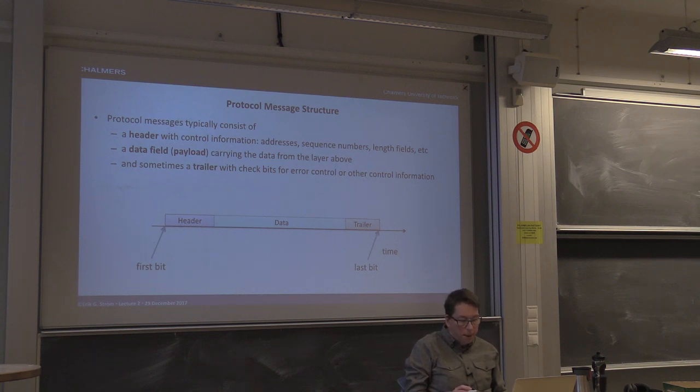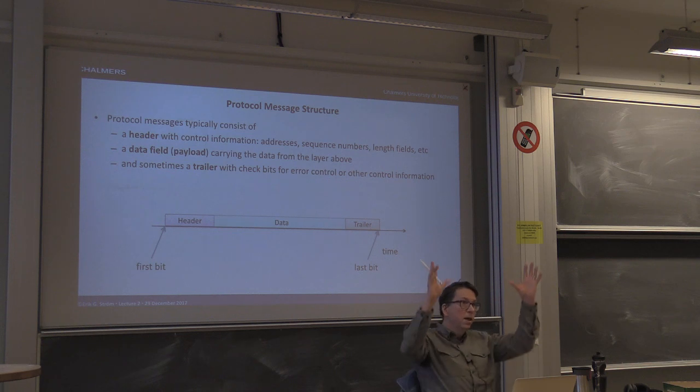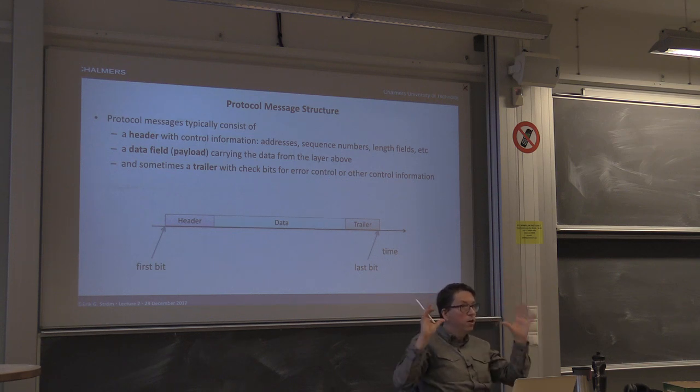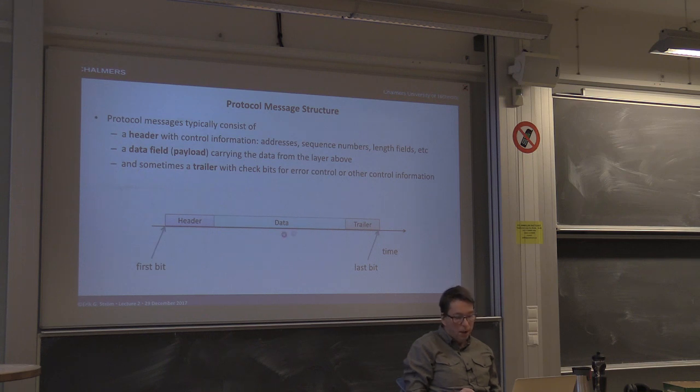The idea is that when I get some data from above, I don't touch it, I just put it here, and then I add my information. If I'm HTTP, I add HTTP information in the header. If I'm TCP, I add TCP information here. If I'm IP, I add IP information here. But I don't touch the data from above. And then possibly I put some stuff at the end. Okay.